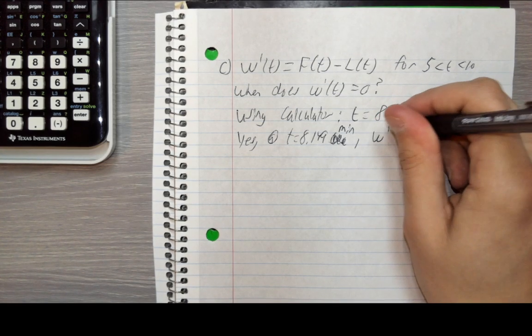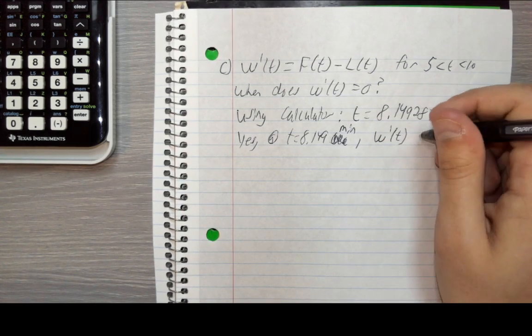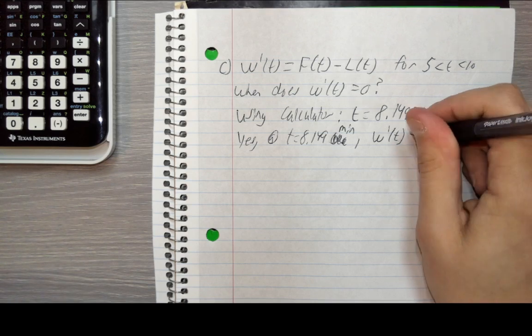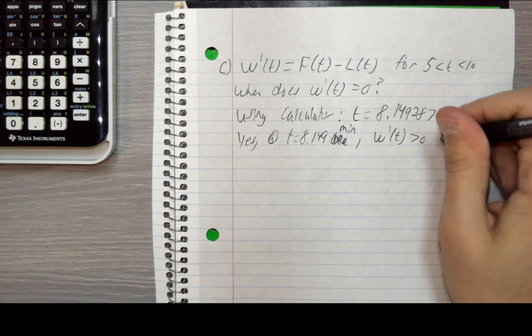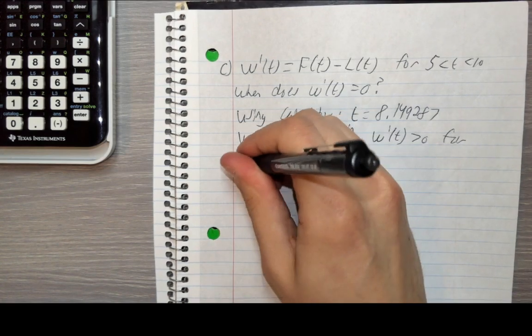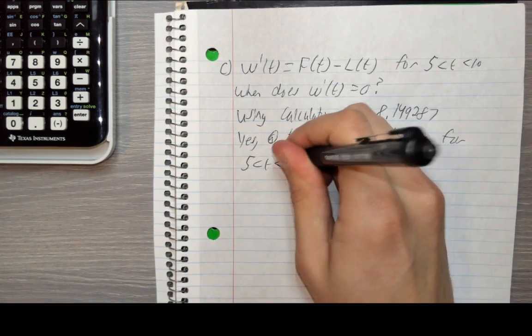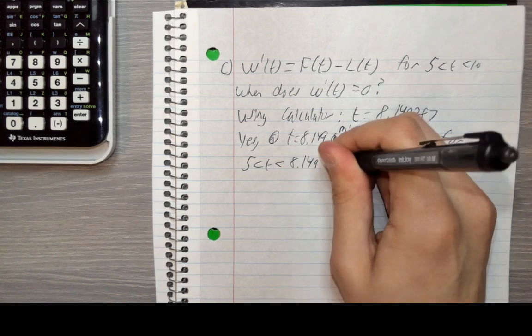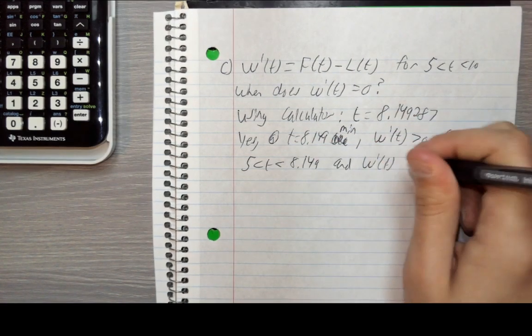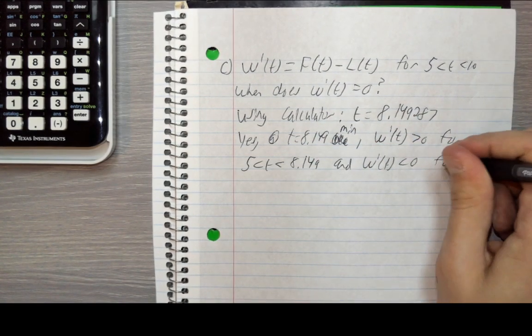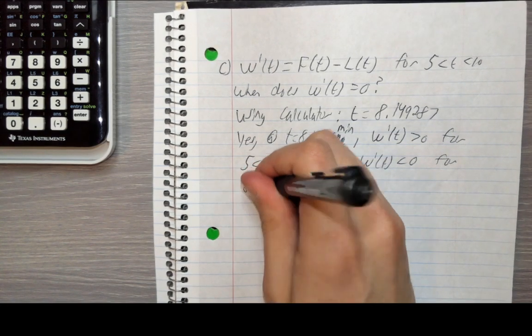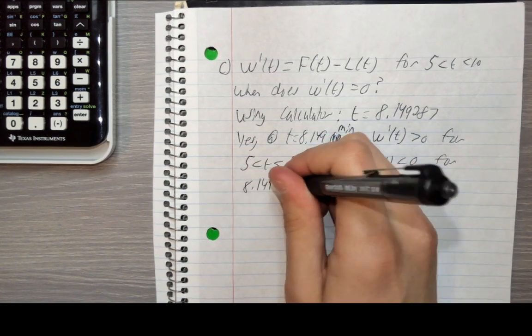w prime of t is greater than 0 for 5 to 8.149, and w prime of t is less than 0 for 8.149 is less than t, which is less than 10.